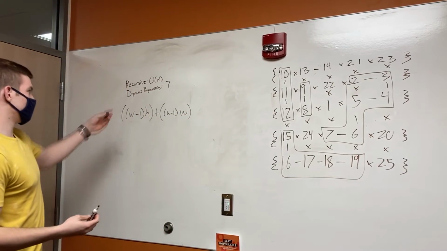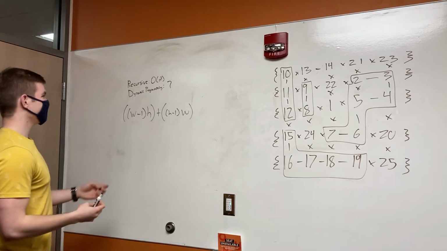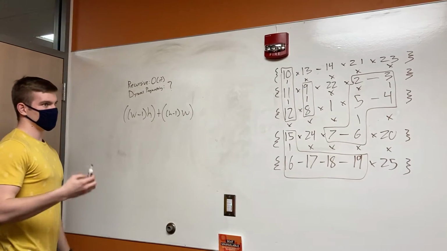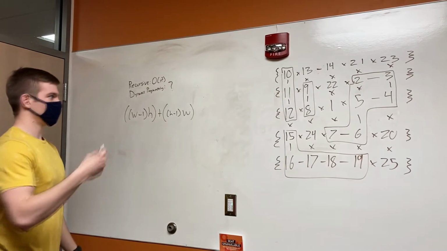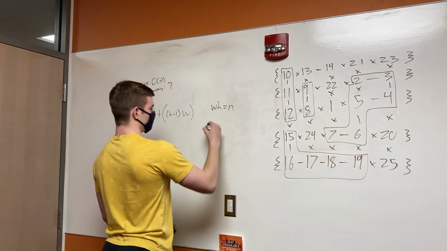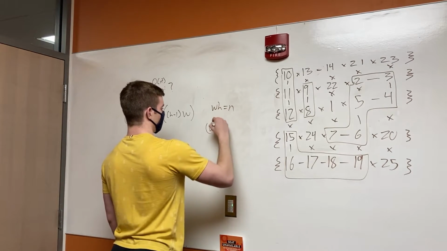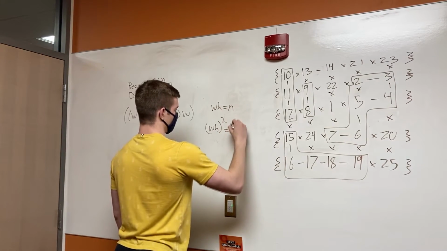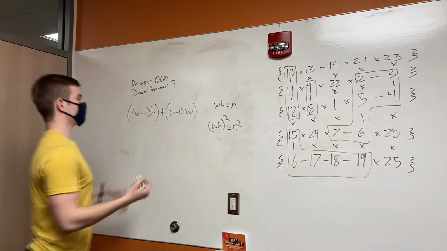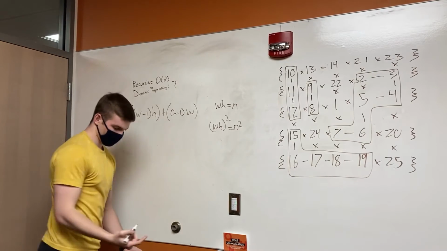So how does that compare to n squared? So if we want to find n and relate it to w and h, width and height, the number of nodes in the matrix will be the width times the height. So wh is equal to n, which means that (wh) squared is equal to n squared, obviously. So our complexity for recursive in terms of width times height is (wh) squared.